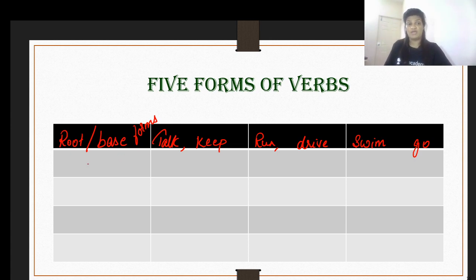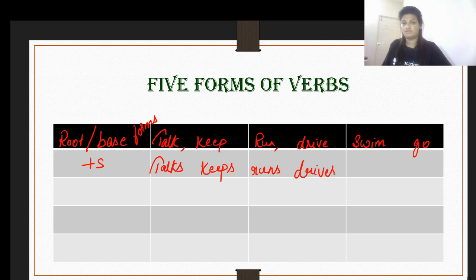is born. Then number 2, you add the plus S to the root verb and you convert that into talks and keeps and runs and drives, swims, and goes.